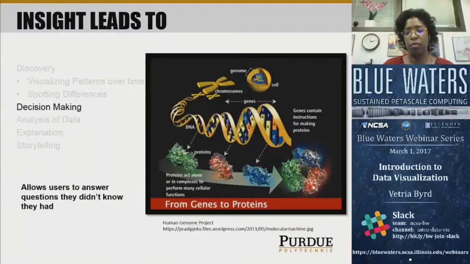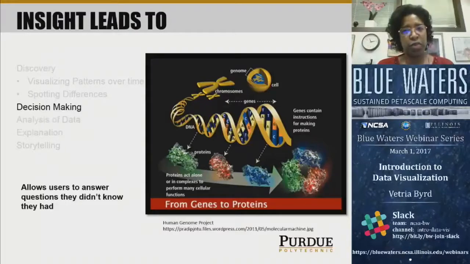And so this particular slide is referring to the Human Genome Project. There is so much information that was collected that is hard for researchers to actually discern or figure out what parts of this can we use right now. In fact, there are some parts of it that we don't even know the answers to these questions, but that information is there.